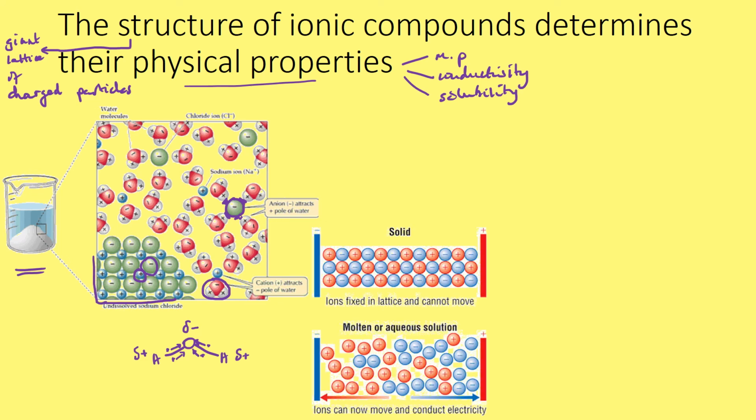Okay, moving on, it looks like we've got a diagram here to help us think about melting and conductivity. So here we have solid ionic compound, and you can see there's a regular lattice of positive and negative ions, and those ions can't move in the lattice.